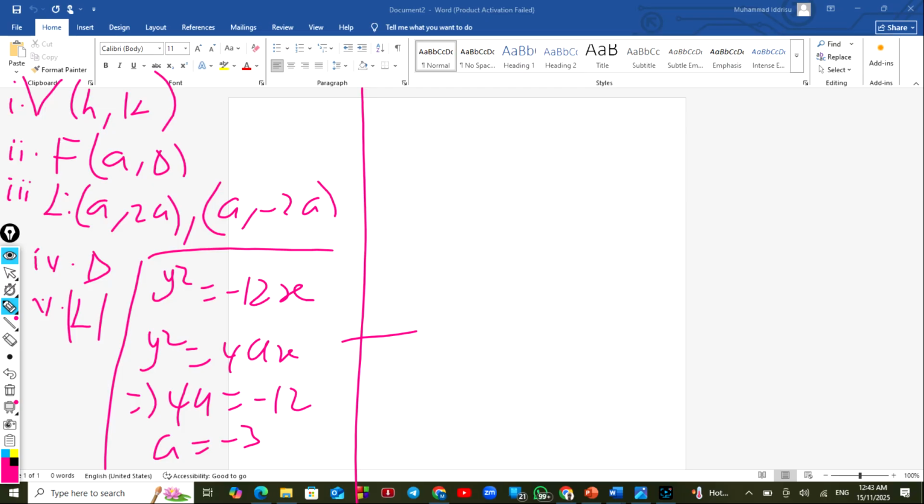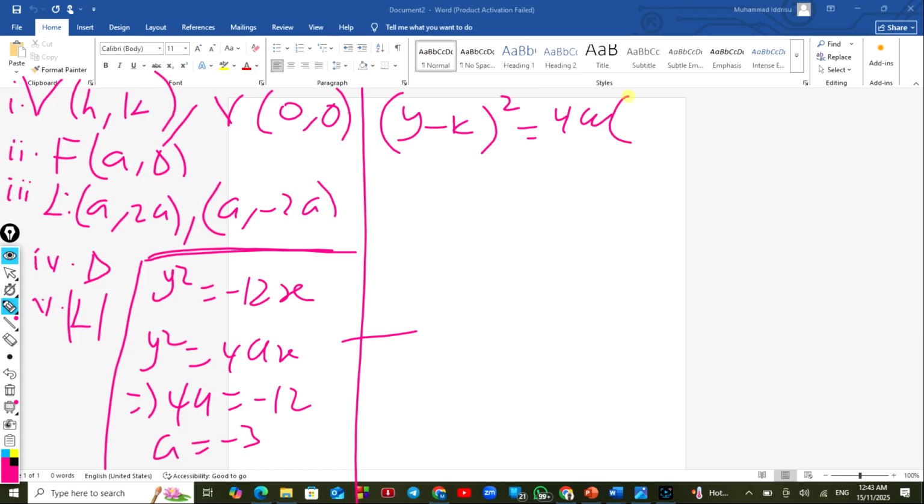Okay, first let's talk about the vertex. The vertex is the origin (0, 0), because the standard form of a parabola is (y minus k) squared is equal to 4a times (x minus h).